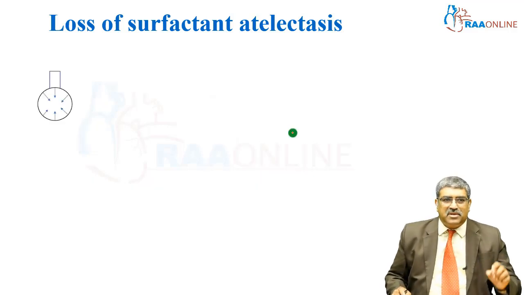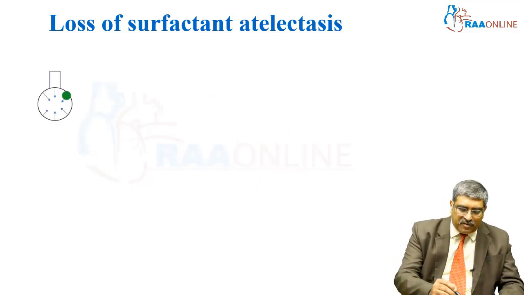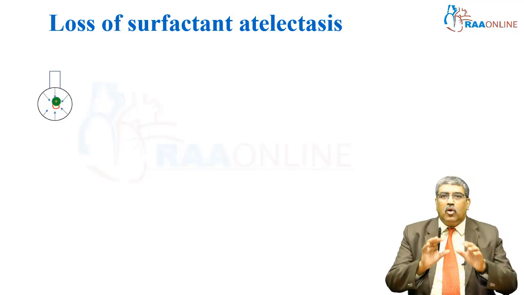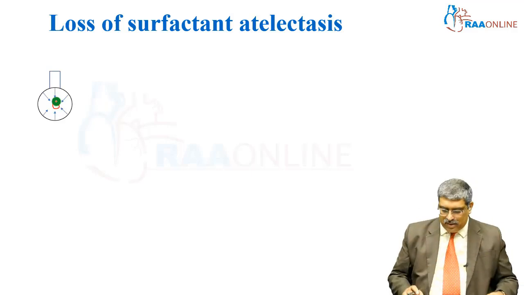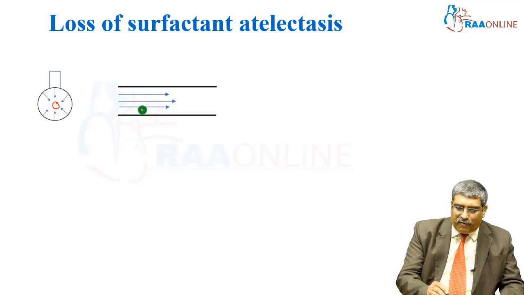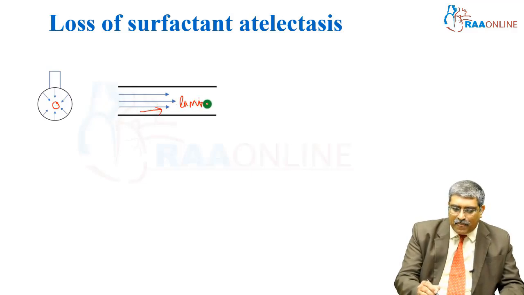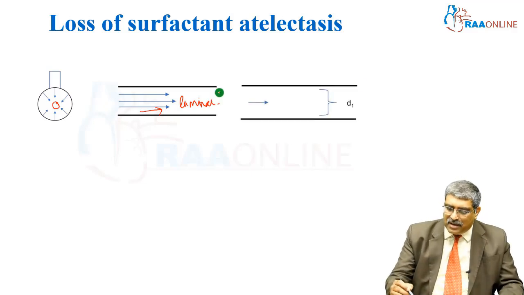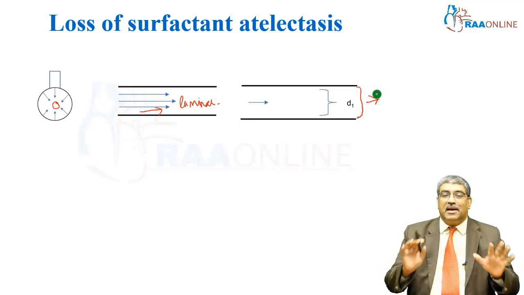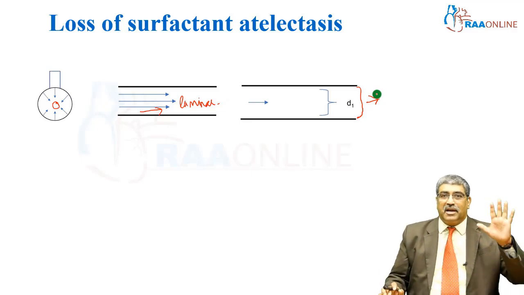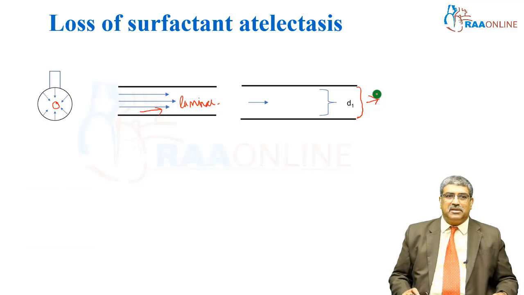So what happens? This is the normal surface tension reducing force with low lung volume or normal respiration. The flow of air is laminar, and here you can see the diameter nicely maintained for the flow of air. This happens when there is normal surfactant which reduces the surface tension.